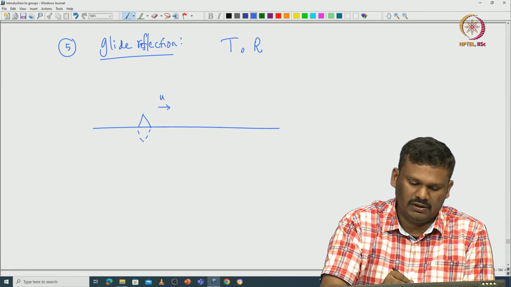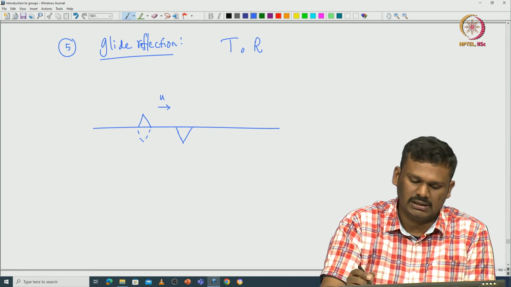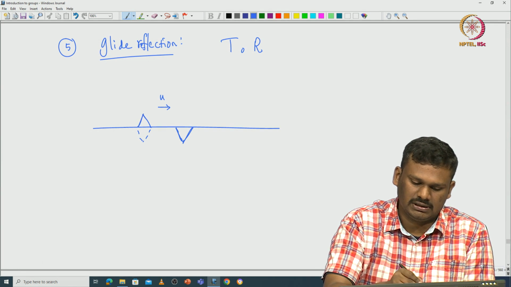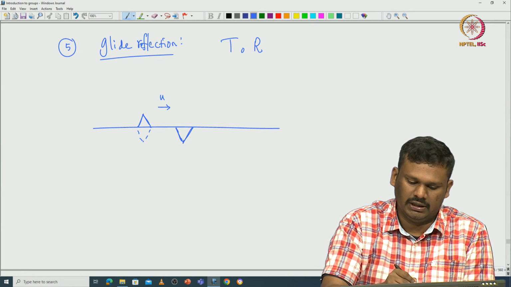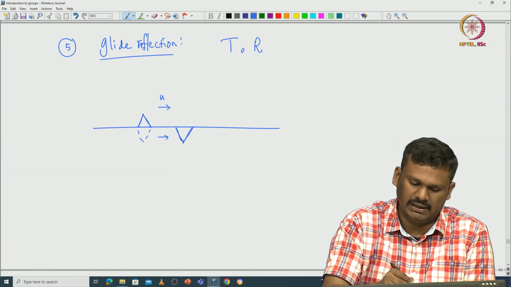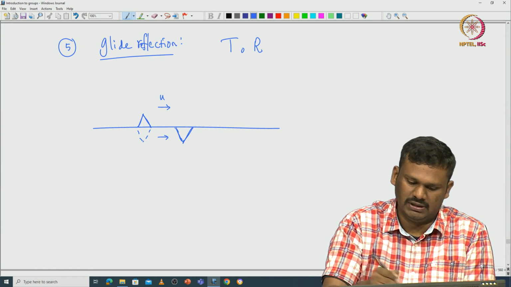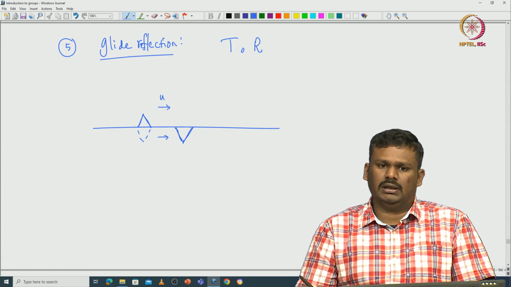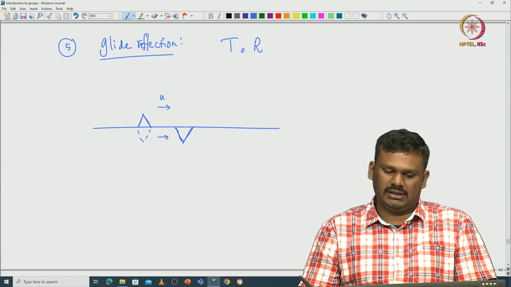Then this will just move to here. Okay, this is called a glide reflection. So first you take this triangle, reflect it, and then move it towards the right side. This is the image of this triangle using this glide reflection.